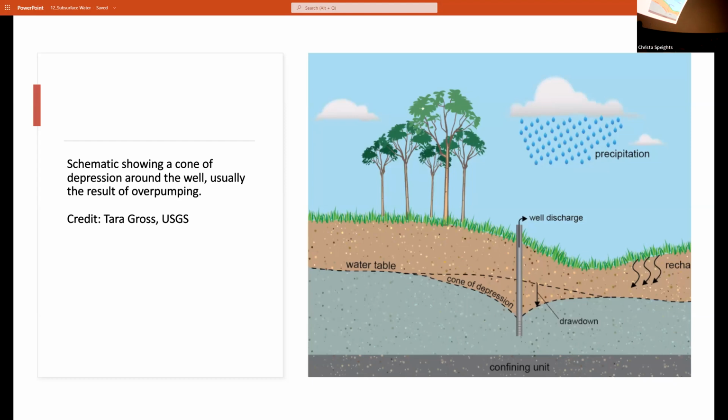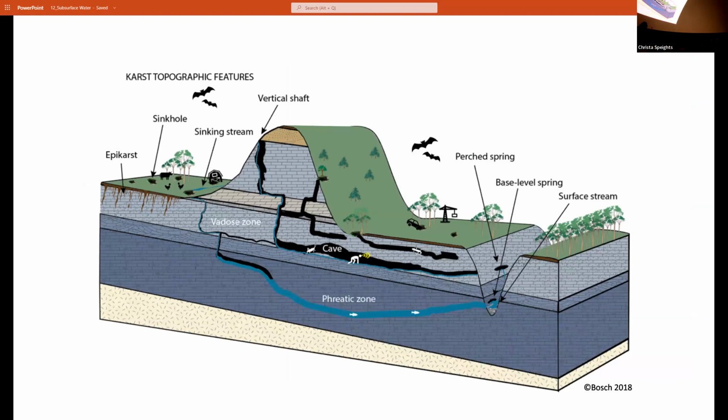Now we're going to switch over and look at karst aquifers. So here the situation is quite a bit different. In our vadose zone, we still have water that you can find in the forms of waterfalls and streams that might flow through caves.